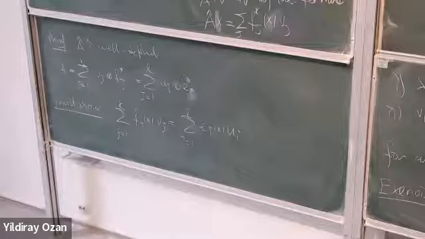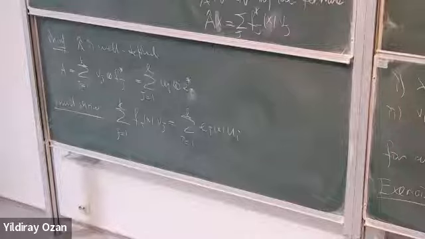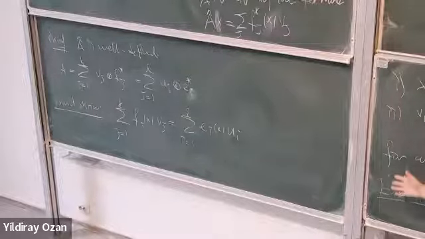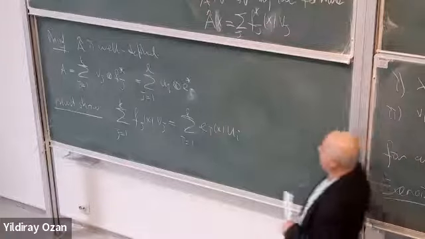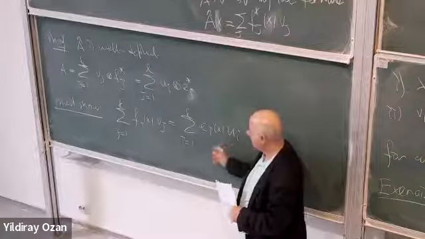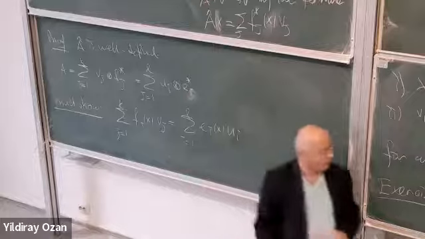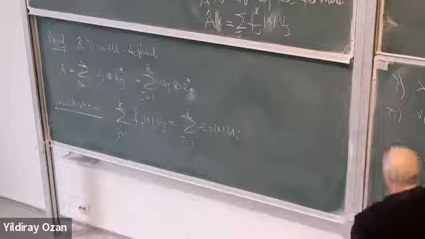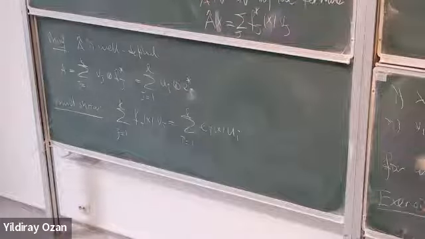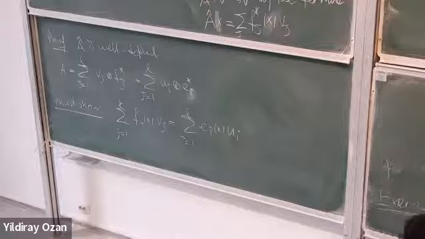So if I show that any change of this type and any change of this type doesn't give me a problem, if I get the same thing, then I'll be done. So let me just write that down.